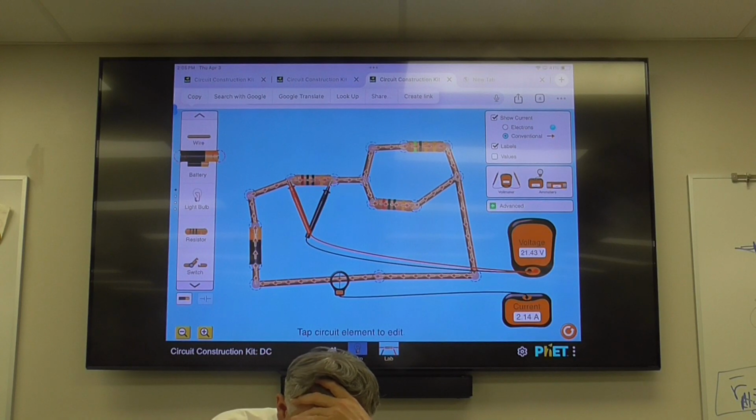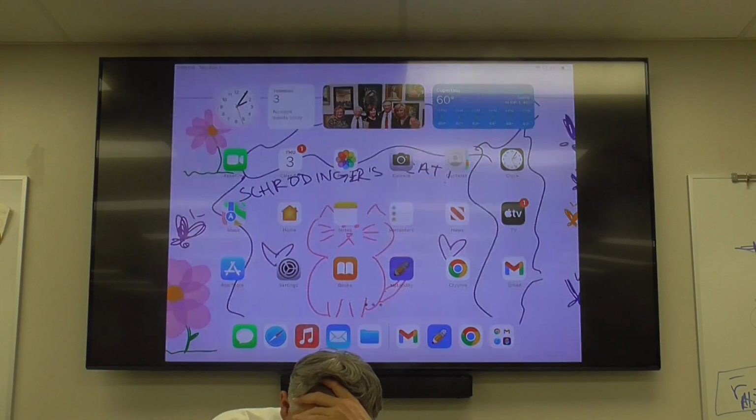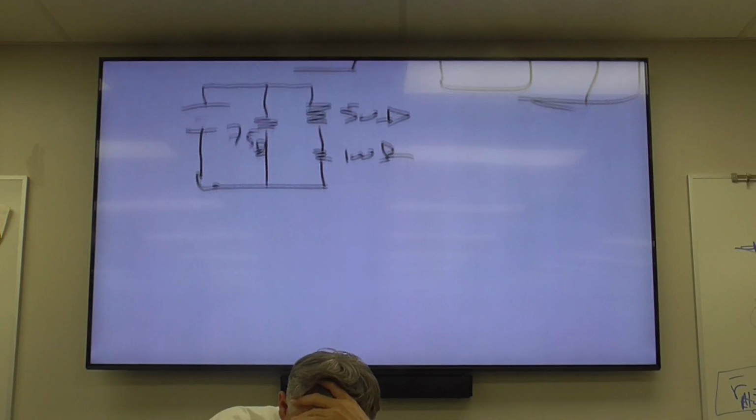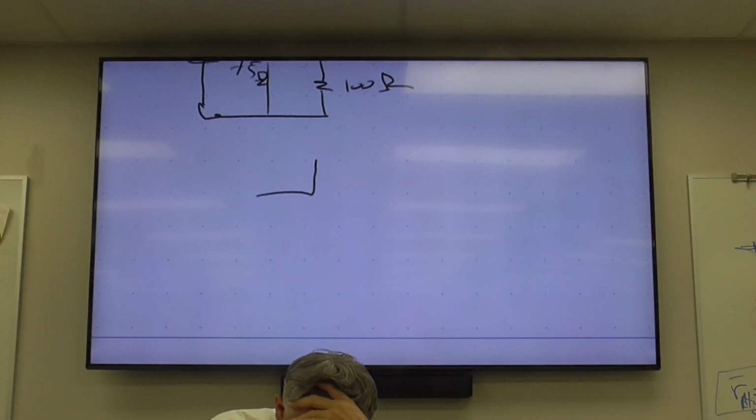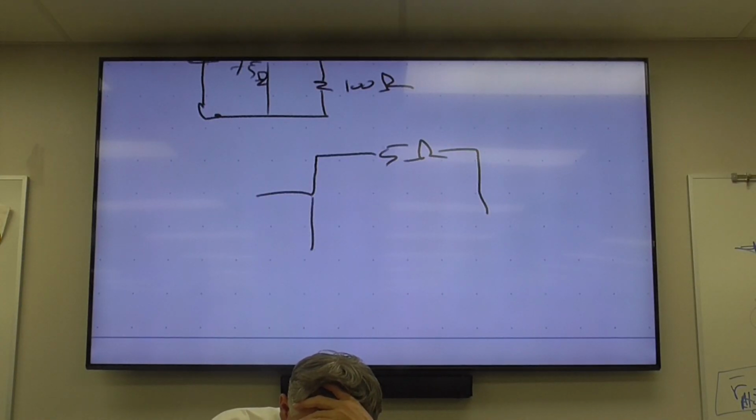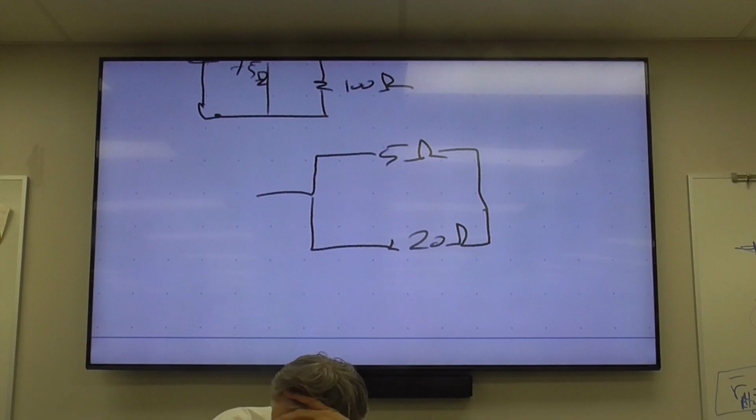So here's what you can do. And what was the current going into? 2.14? Yeah.